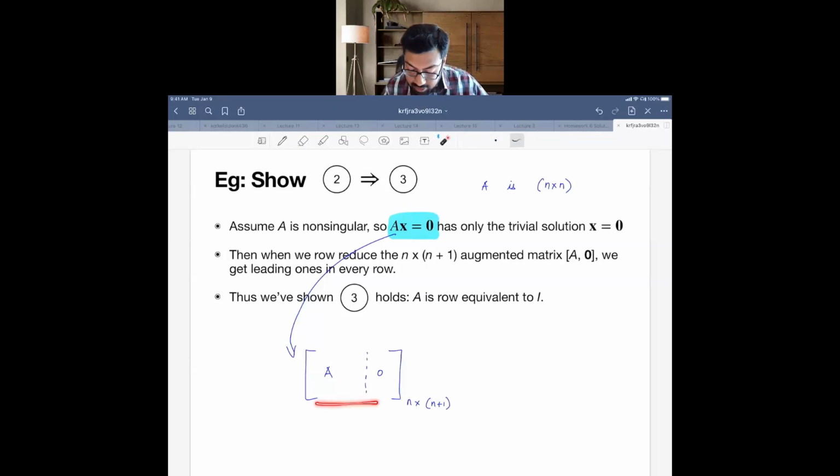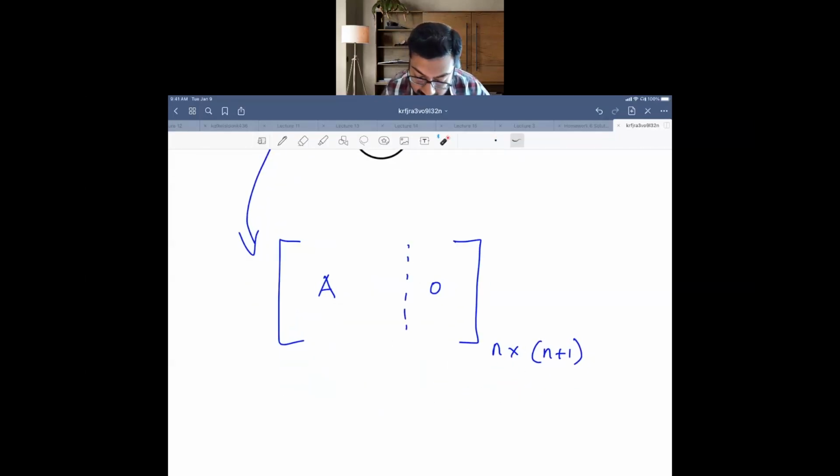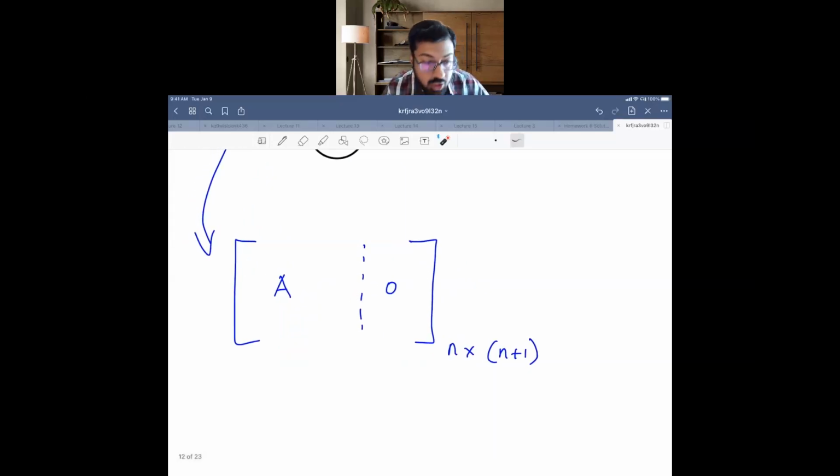Now if you take a look at this, A is a square matrix. You will have coefficients over here, and you will have a bunch of zeros there. Instead of writing just one zero as a vector, I can say this is going to be a bunch of zeros. How many zeros? N zeros, for the right hand side constants of the system of equations. For A, these are the coefficients.